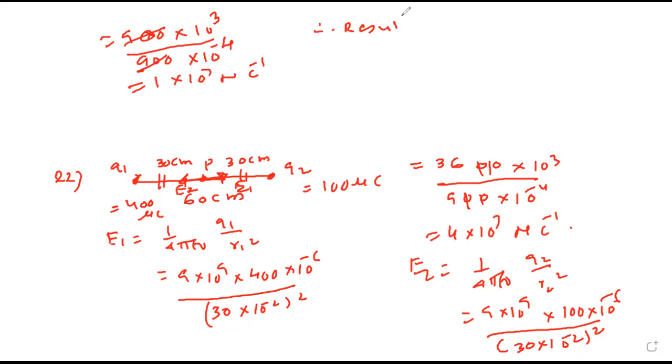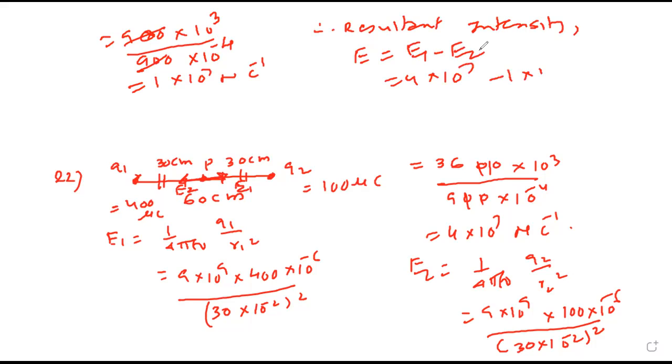Therefore, resultant intensity E equals E1 minus E2. 4 into 10 raised to 7 minus 1 into 10 raised to 7. 3 into 10 raised to 7 Newton per coulomb. Direction: E1 is greater, so it will be towards Q2. E1 is towards Q2, so final answer is towards Q2.